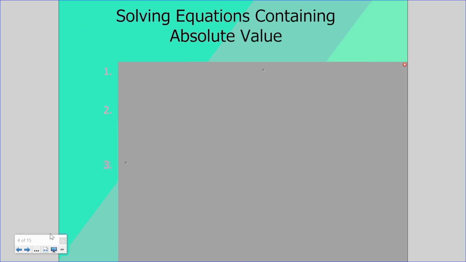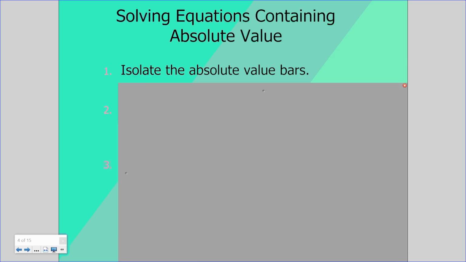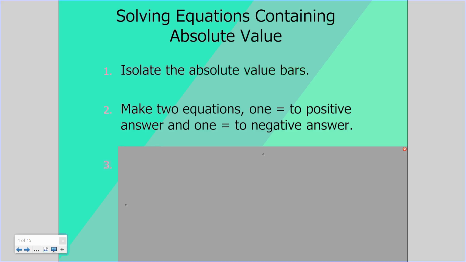So to solve equations containing absolute value bars, we will start by isolating those absolute value bars, meaning get anything that's not in the absolute value bars to the other side of your equation. Then you will set up two equations. One equation you'll set equal to the positive answer, and the other you'll set equal to the negative of the answer.